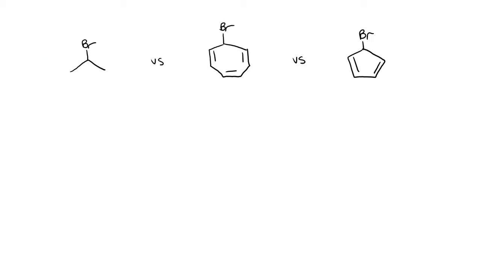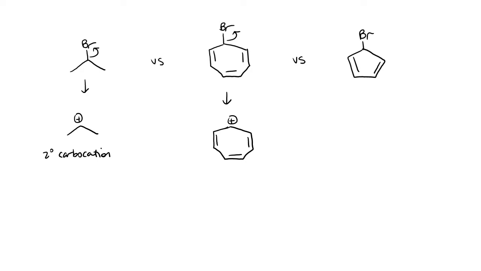For our first compound, the bromine can leave and form just a regular secondary carbocation. For our second one, we're going to have the bromine leave. We will form a 7-membered ring with a positive charge.